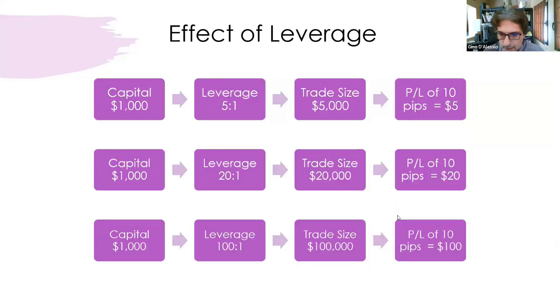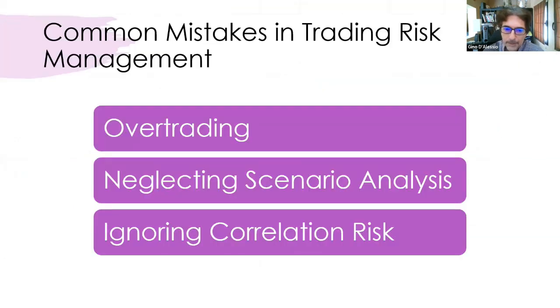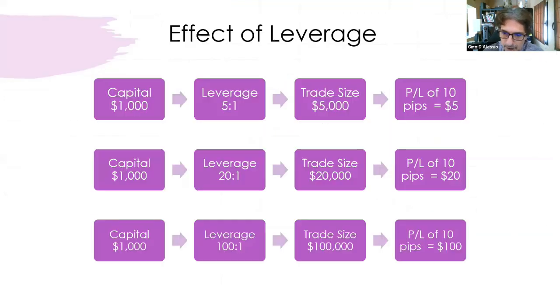We look at this slide here. We can see that in any one day, there's 100 pips difference between the open and the close. That would wipe out your account in one day if you're on the wrong side. So it's a very dangerous scenario to be using 100-to-1 leverage.